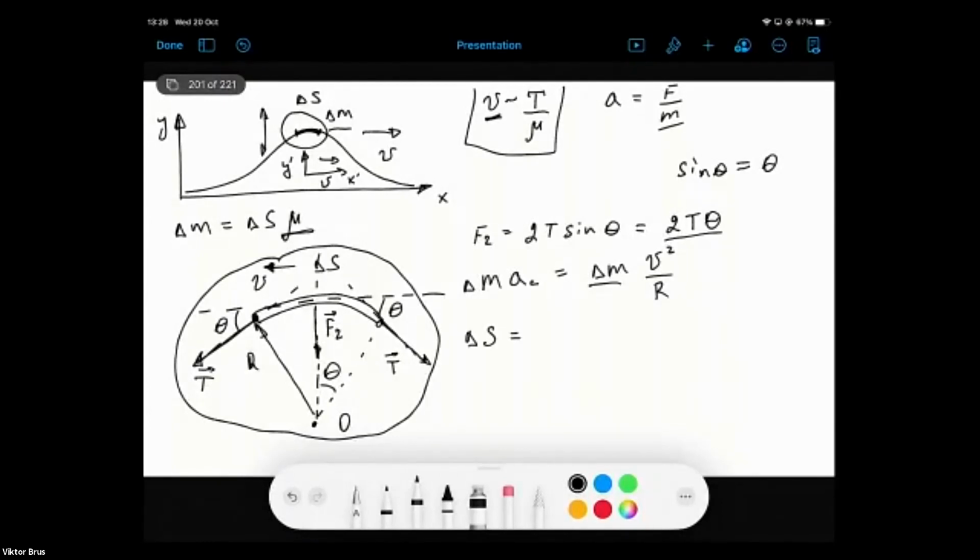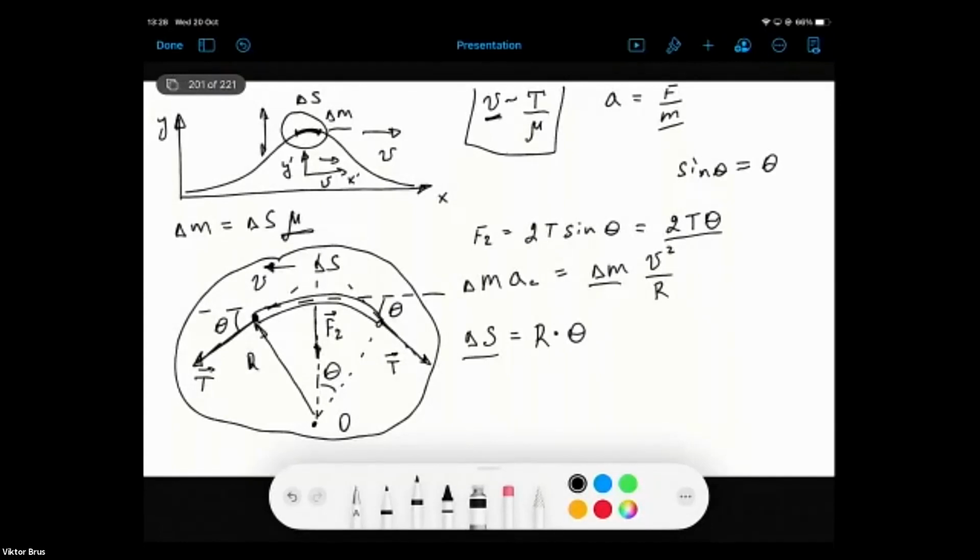If we consider theta in radians, then the product of radius times angle in radians will give us the length of the arc, which resides on this angle.